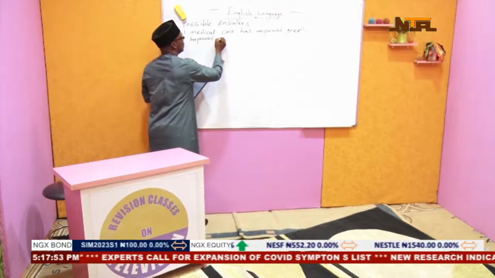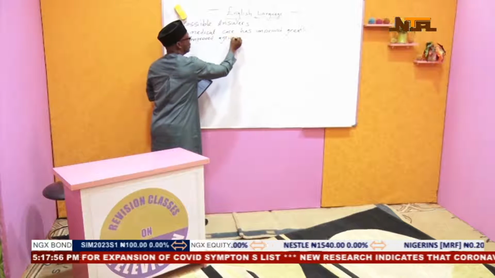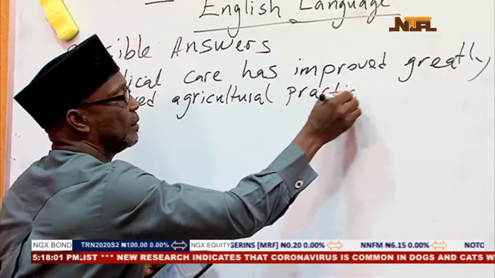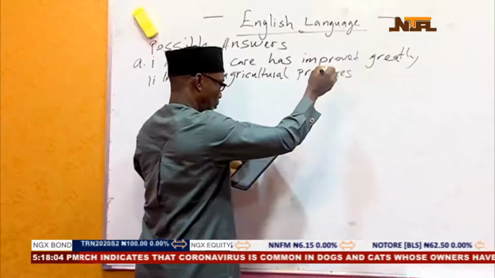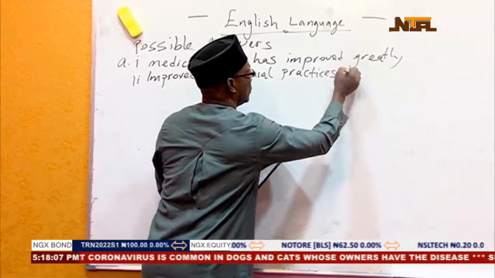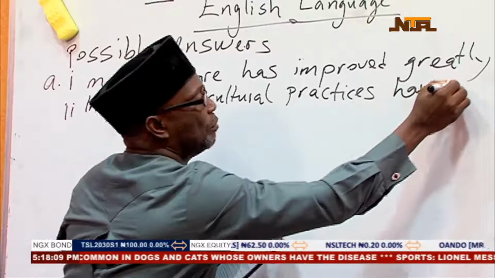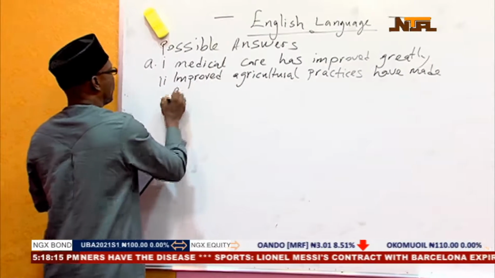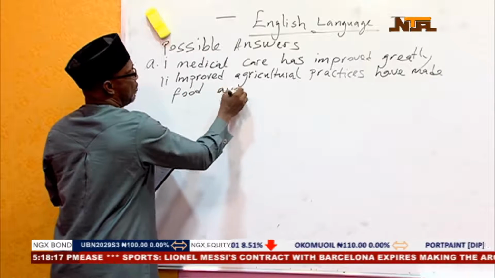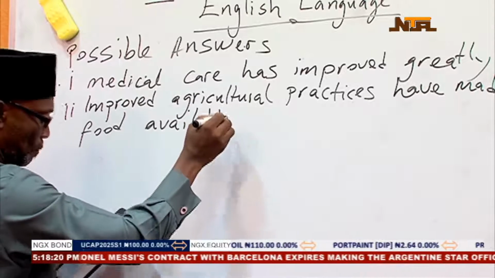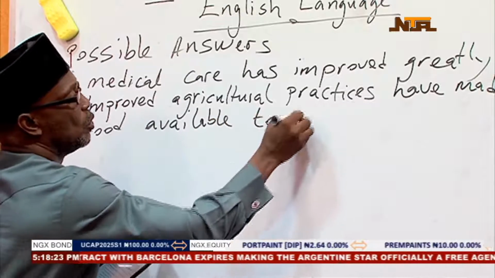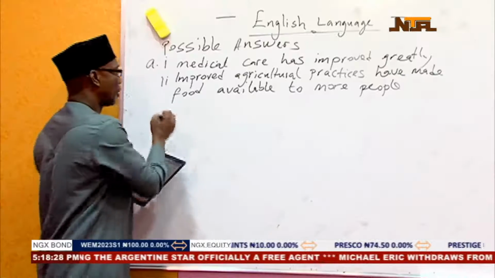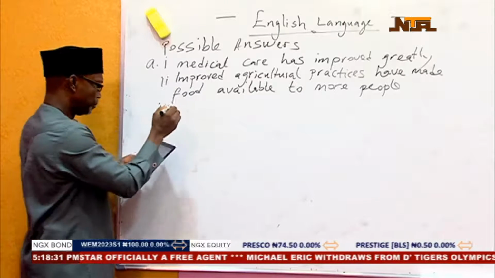Improved agricultural practices have made food available to more people. 3.